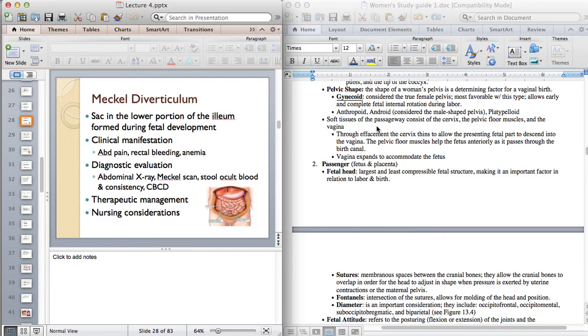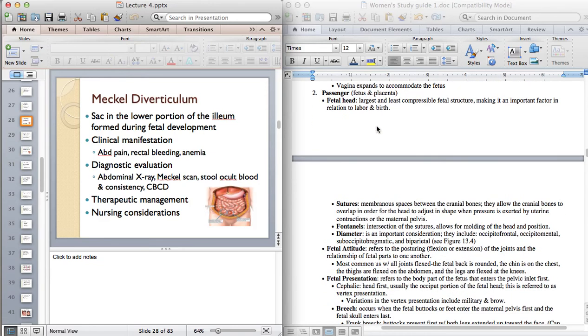But in abdominal pain, until you rule out appendicitis, warm compress is contraindicated. Don't use it, because you are warming the appendicitis and telling the body, go there again.